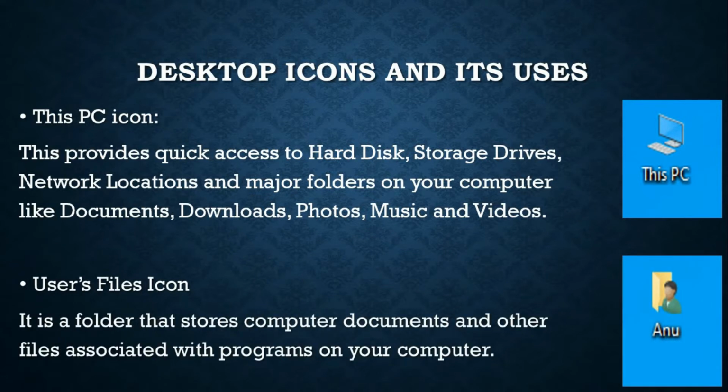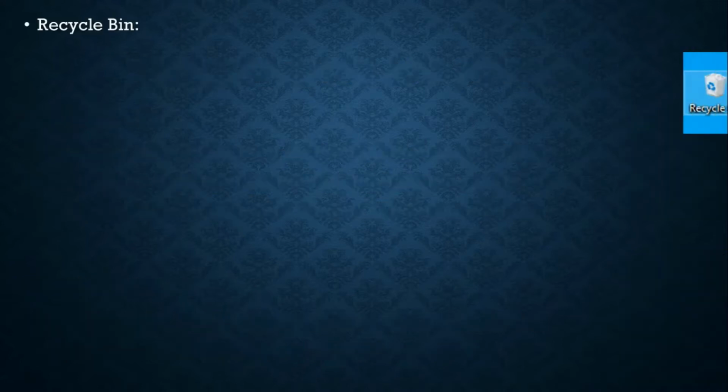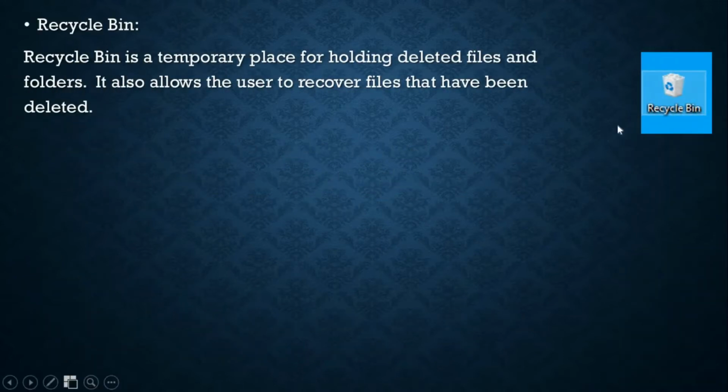It is a folder that stores computer documents and any other files associated with programs on your computer. Recycle Bin is a temporary place for holding all the deleted files and folders. It also allows the user to recover files that have been deleted. Whenever you remove any file from your hard disk, it will be temporarily stored in the Recycle Bin.